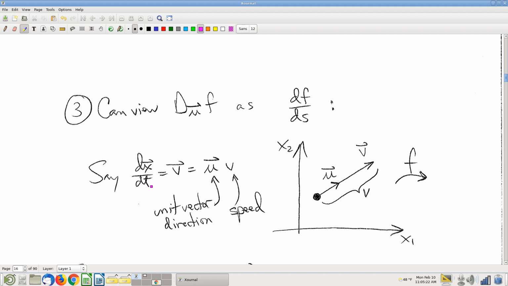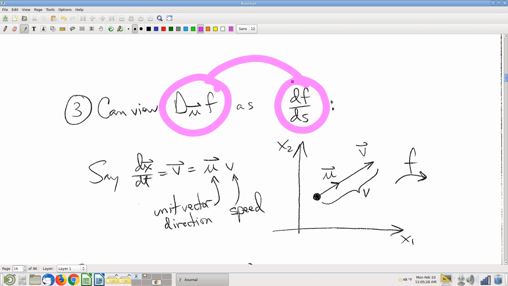Okay, so some neat properties I want to talk about. It turns out, and this is really nice, this is one of the big ones, a directional derivative you can think of as computing how much the function changes per unit distance traveled in the direction that you're going. That's a very natural thing to want to talk about, right?